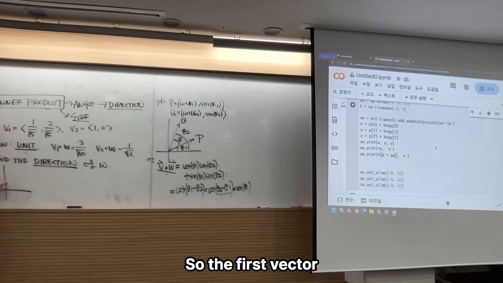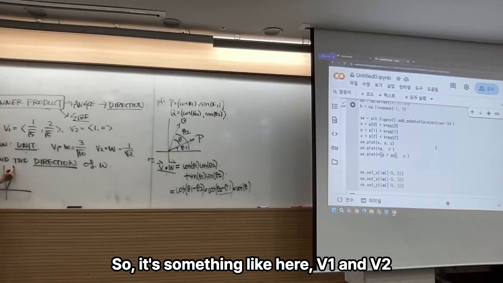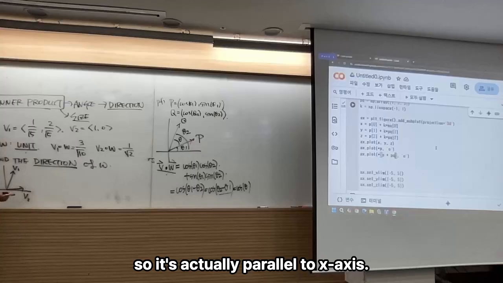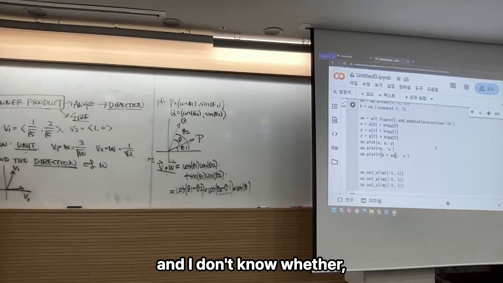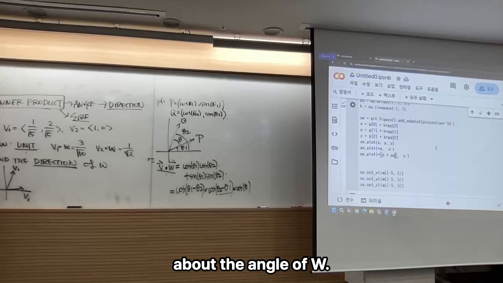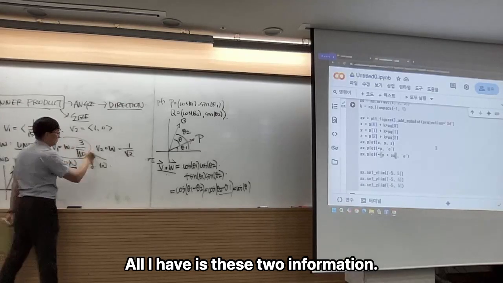So the first vector is in the 1, 2 direction, something like here, v1. And v2 is pointing in the 1, 0 direction, so it's actually parallel to the x-axis. So these are v1 and v2. For now, I don't have any information about the angle of w. All I have is these two pieces of information.